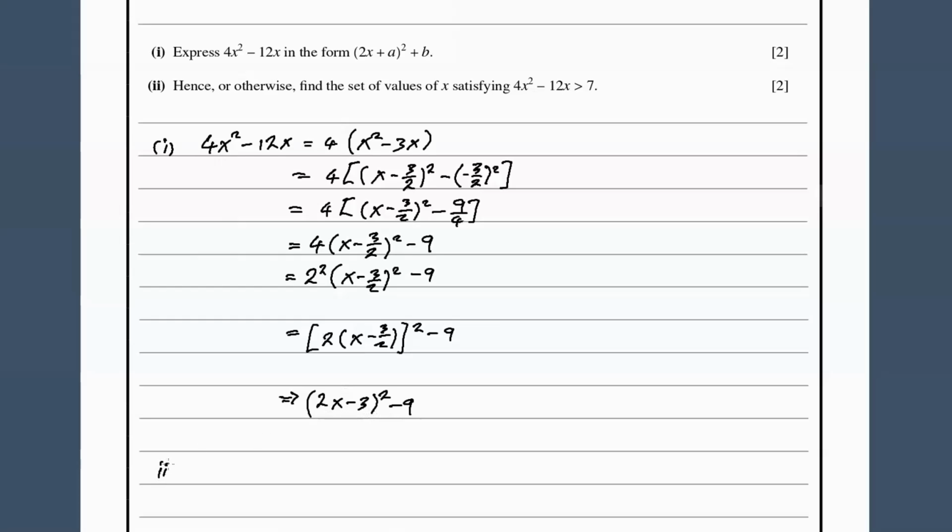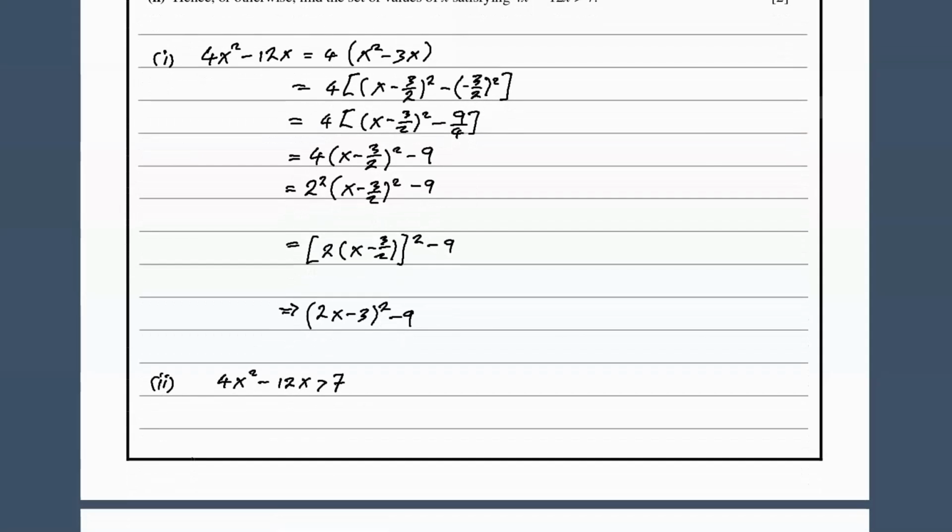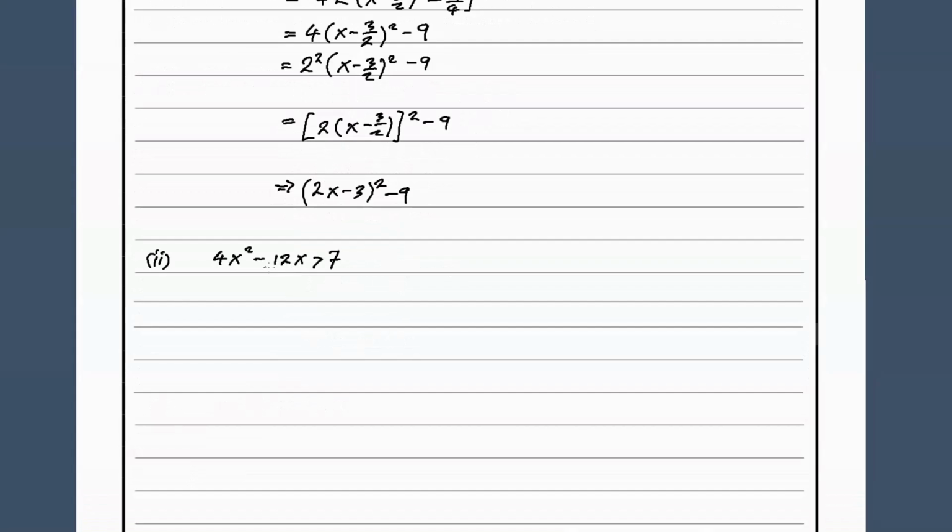Now, going on to part 2, they say, hence or otherwise, find the set of values of x satisfying this inequality. Okay, so we have the inequality 4x squared minus 12x is greater than 7. Now, since they're saying hence, it means we can use the results we got right above. And we had gotten 4x squared minus 12x to be this.